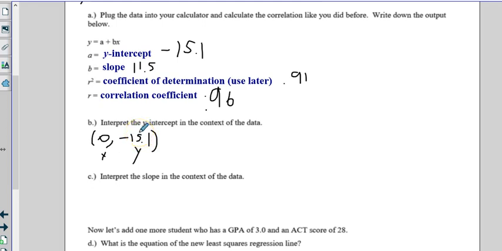Is it possible to get a negative ACT score? No, it's not. So again, this is theoretical. It doesn't always come out making sense. So how do we interpret?